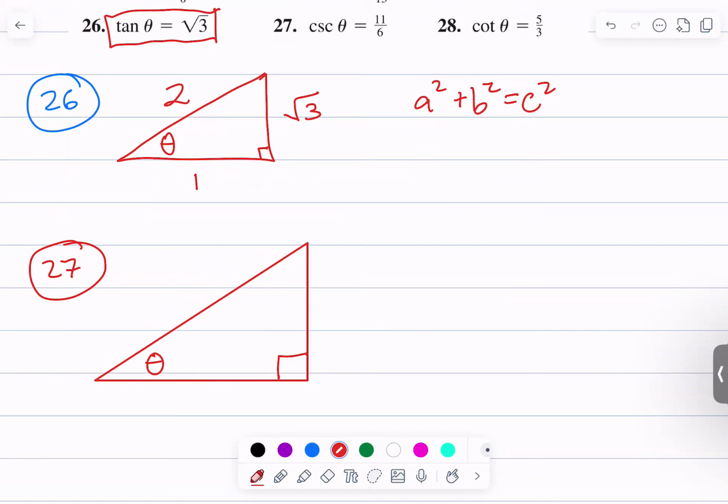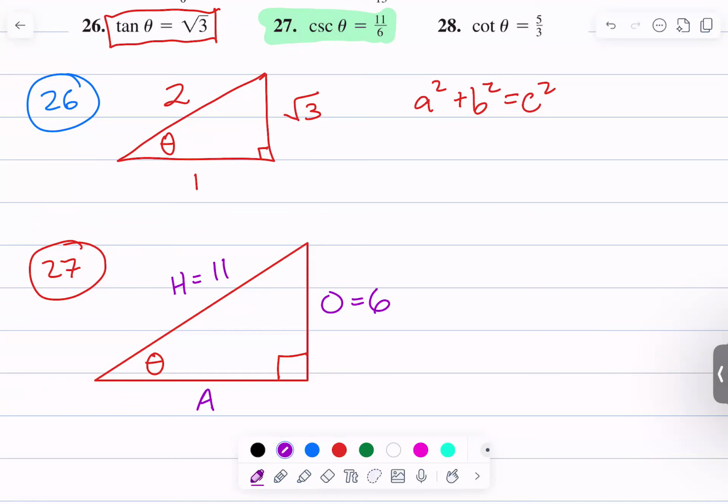So on this problem, 27, if the cosecant is 11 over 6, this is my opposite, this is my adjacent, and this is my hypotenuse. So this would be 11, and this would be 6.